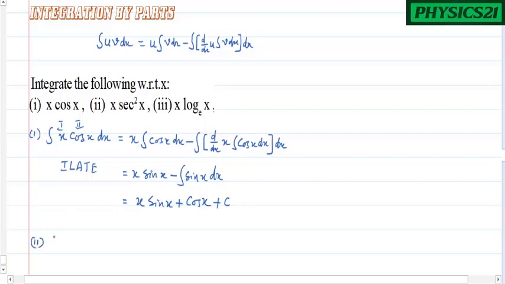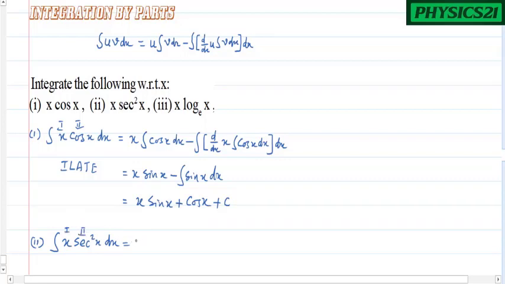The second problem, we have to integrate x sec square x dx. Once more, algebraic means x is considered first and trigonometric is considered second.